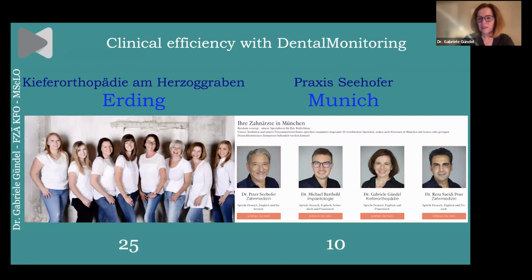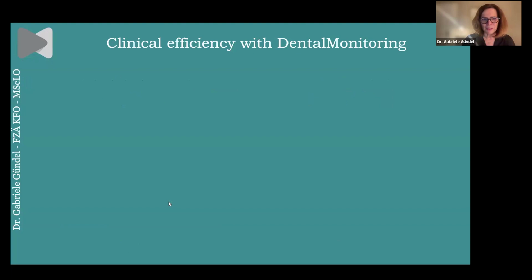I'm the orthodontist of this team, and I'm working together with 2 dentists and 1 oral surgeon. Here in this center, we are treating a lot of really complex adult patients with TMG, with implants, with aesthetic dentistry, with everything you can imagine, and of course, also with dental monitoring.